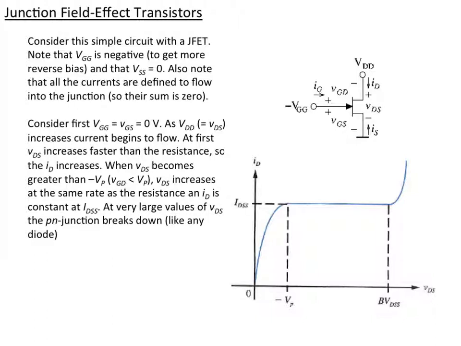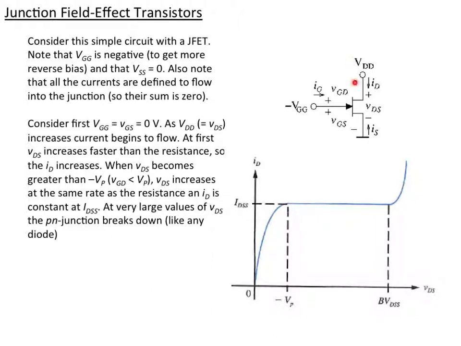So first we consider the case where VGG equals 0, so the source and the gate are at the same voltage. That's fine, no current will flow from the gate, but we don't want to make VGG any more positive than that. And so as we increase VDD, more and more current will flow.